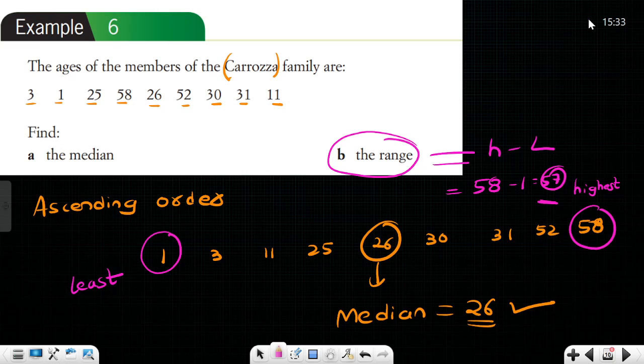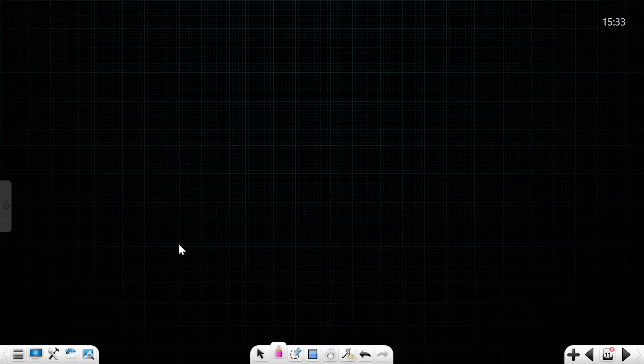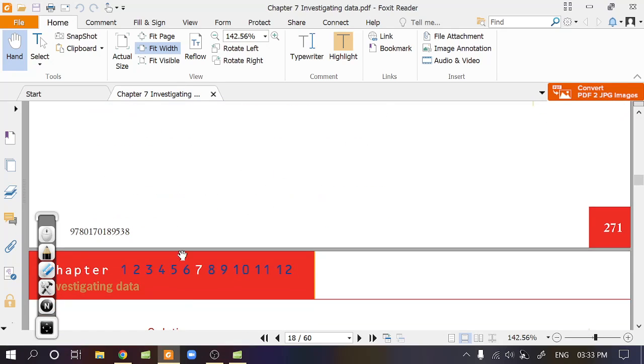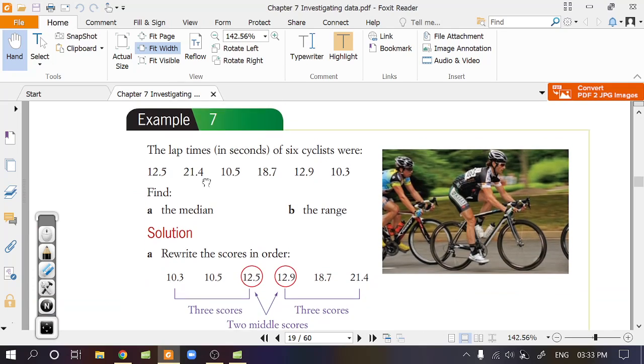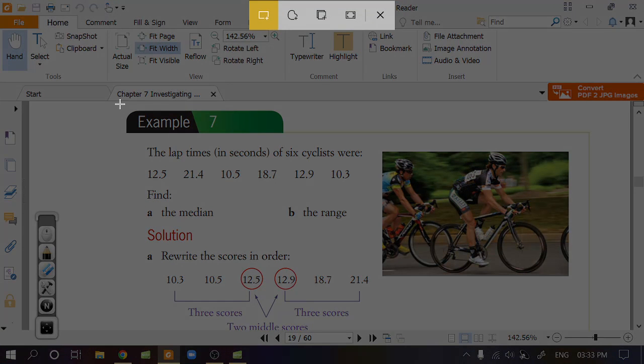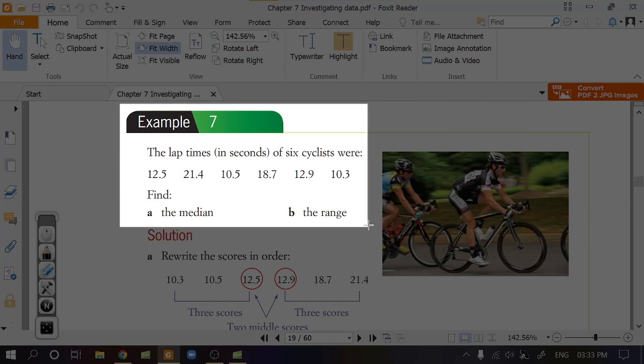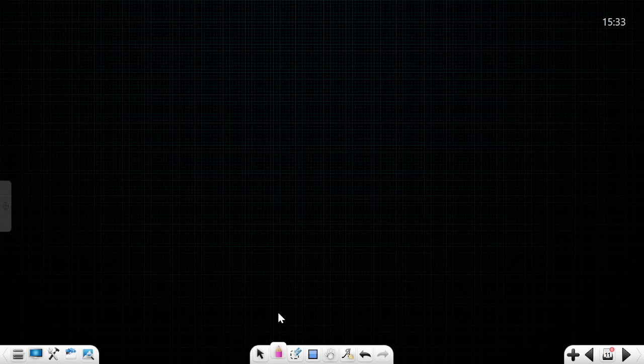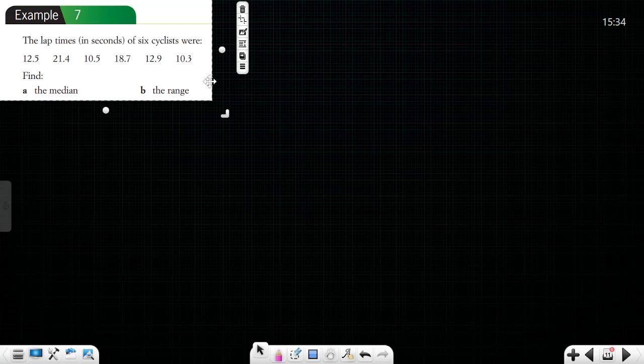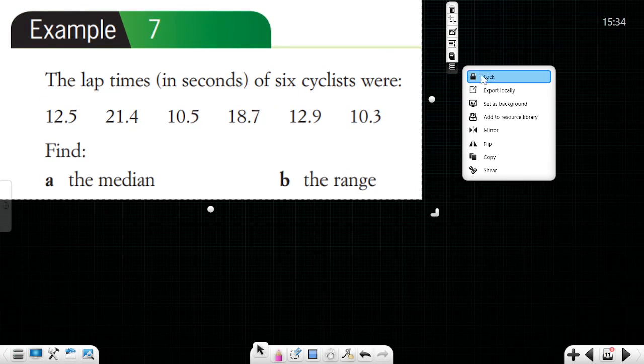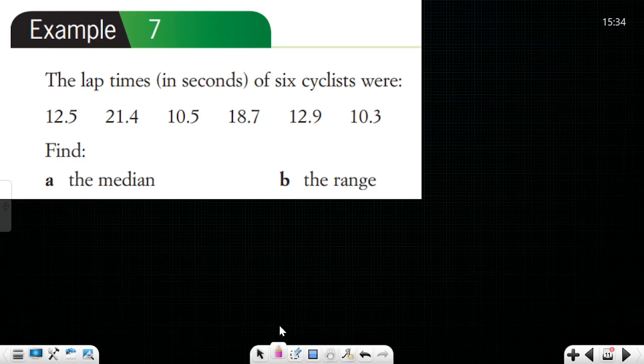Okay, Akshita, time is up. We'll go to the next example, example 7. I think there is a diagram given here. I'm not copying the diagram. Here they say the lap times of the 6 cyclists were 12.5, 21.4, 10.5, 18.7, 12.9, 10.3 seconds.